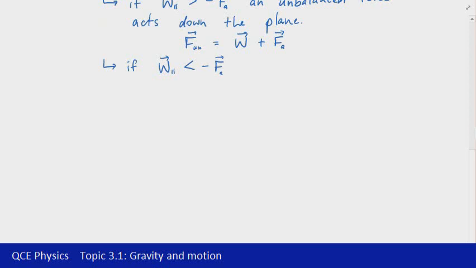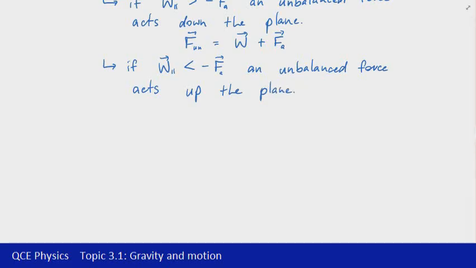So if the parallel component is less than the applied force, an unbalanced force acts up the plane. So in both of these situations with an unbalanced force, we could then apply that to Newton's second law, F equals ma, and figure out what the acceleration would be in that scenario.